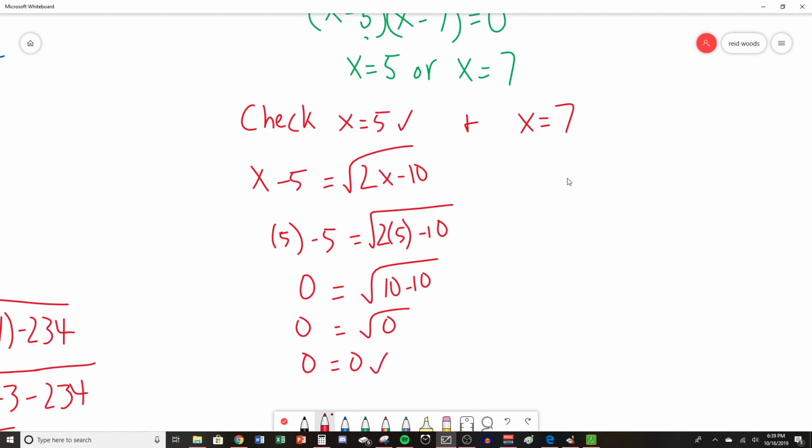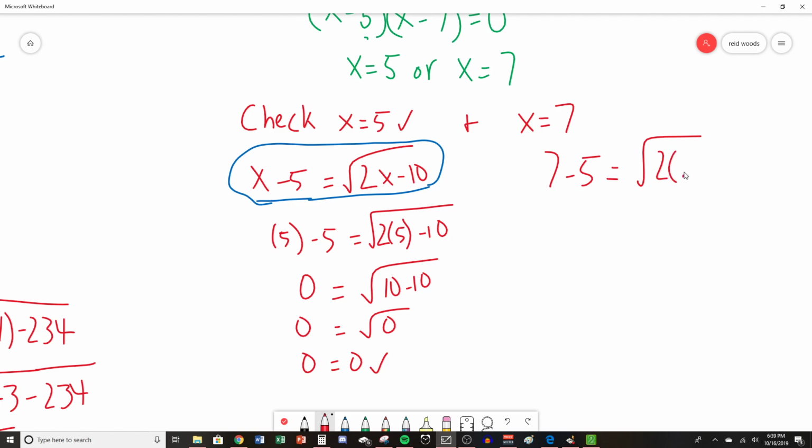Let's try the other one. We're going to do 7 minus 5 equals, so I'm using this equation here, the square root of 2 times 7 minus 10. And this left side's super easy. It's just going to be a 2. Over here, 14 is 2 times 7, then minus 10.